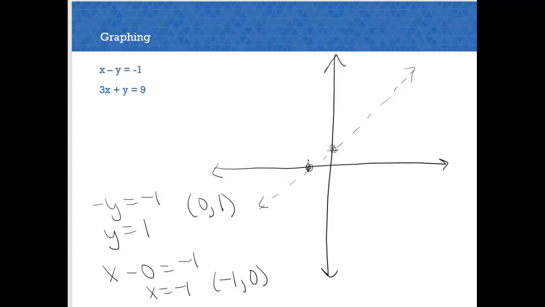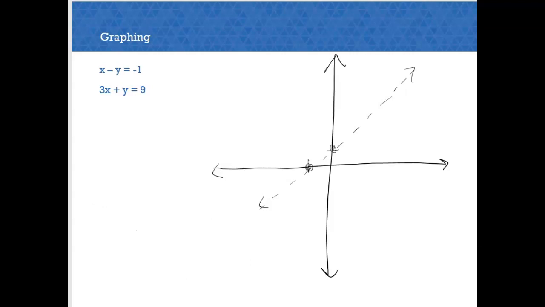So let's do that for the next problem. There's just a little review of graphing here. 3x plus y equals 9. So to find one intercept, we plug in 0 for x. So we find y equals 9.